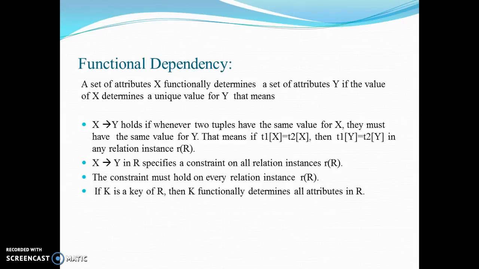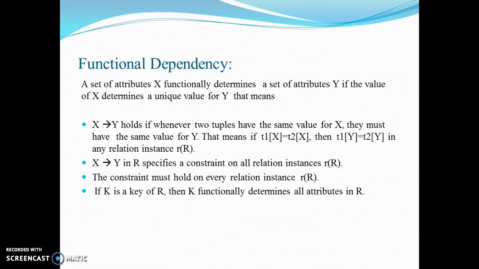Functional dependency means a set of attributes X functionally determines a set of attributes Y if the value of X determines a unique value for Y. That means it is holding one functional dependency.